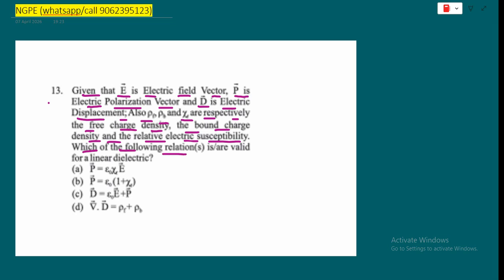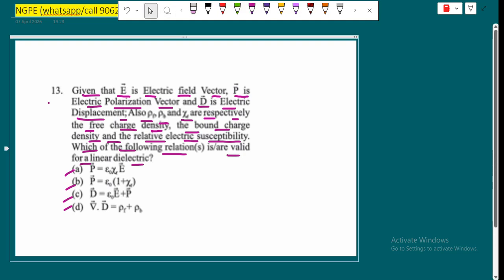Which of the following relations are valid for the linear dielectric? There are four options and we have to find the correct ones.